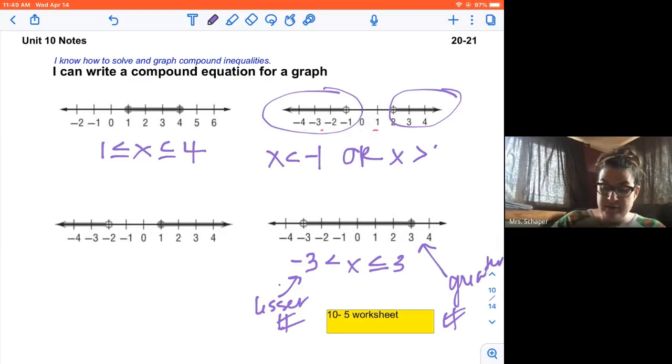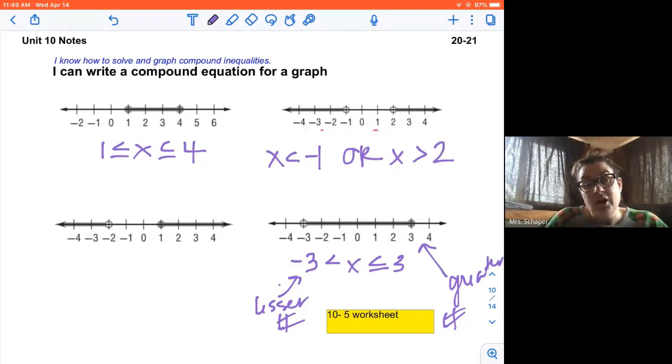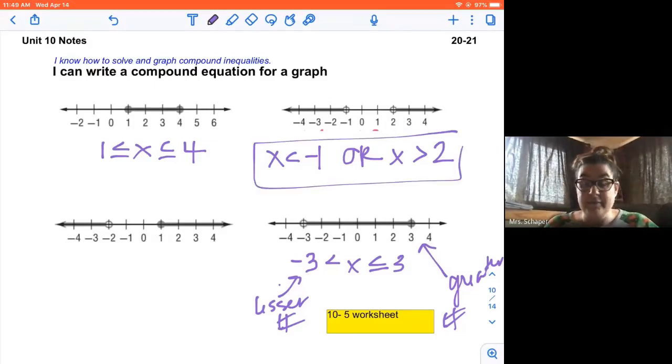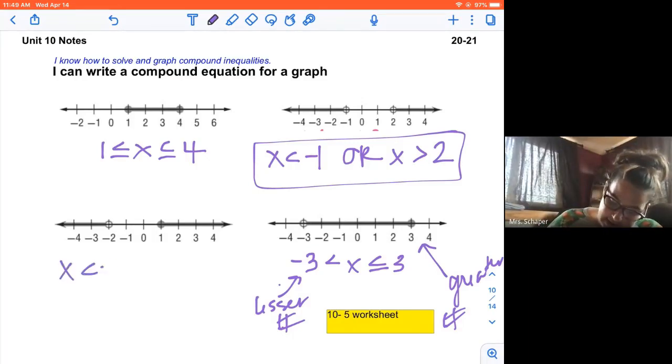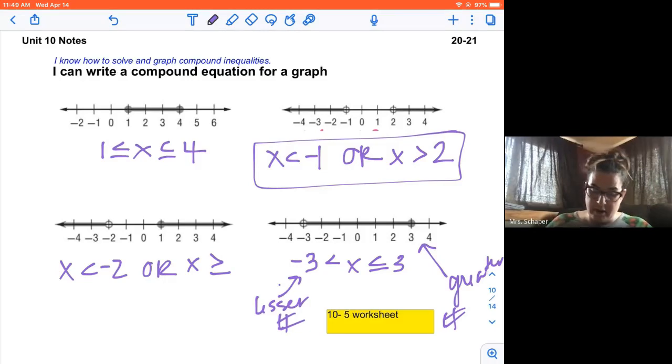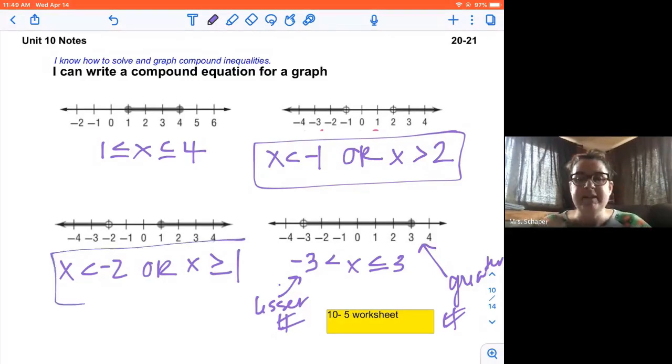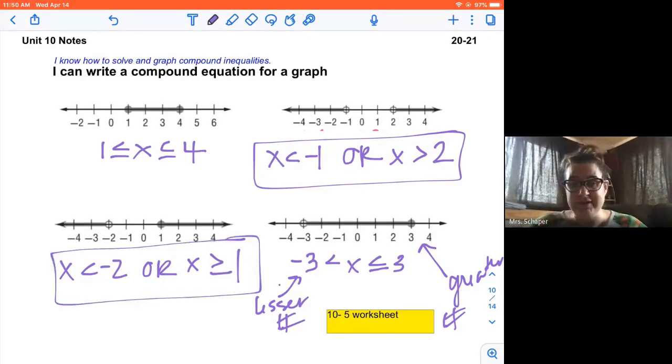So it's actually going to have the word or in it. It's one of the few times that it's okay to write the word or in your answer, when you're doing or equations. So x is less than -2, or x is greater than or equal to 1. Again, one of the few times that you can add or to your statement.